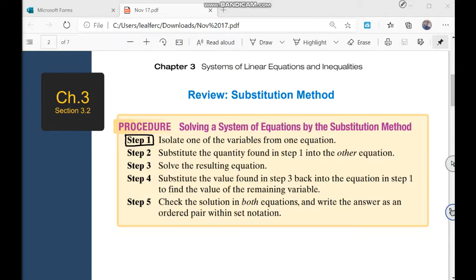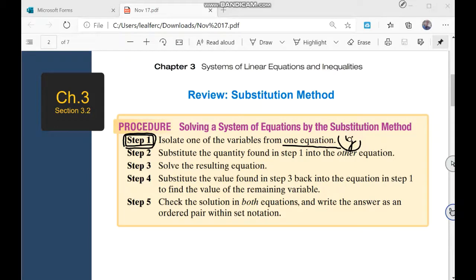And so yesterday, as I was saying, we worked on step number 1. Step number 1 is to isolate one of the variables from one equation. We chose to isolate y, and we wrote the equation using the slope-intercept form, something we learned before.